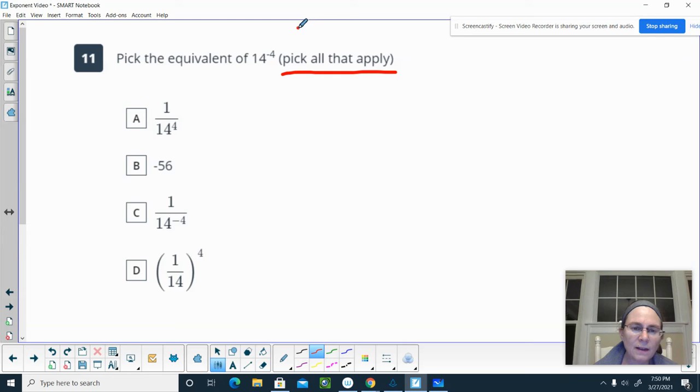Well, this negative exponent tells us that the numerator is going to be 1. All right, now I'm going to take a look. I'm going to extend out my base and see if any of these match. So that would be 1 over 4 times 4 times 4 times 4.